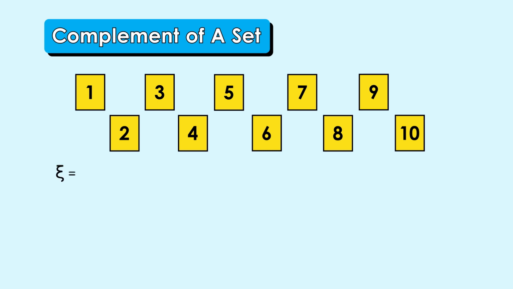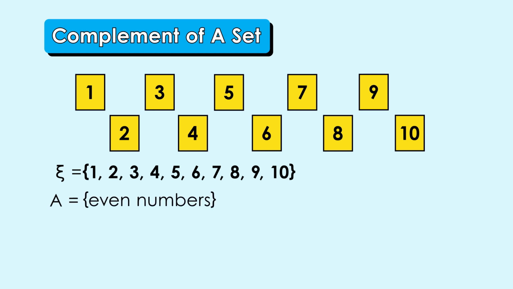Hence, the universal set is 1, 2, 3, 4, 5, 6, 7, 8, 9, and 10. If set A is a set with even numbers, then the elements of set A are 2, 4, 6, 8, and 10.